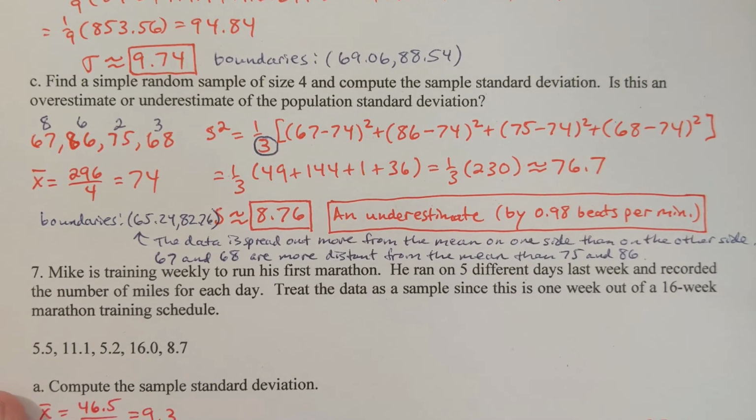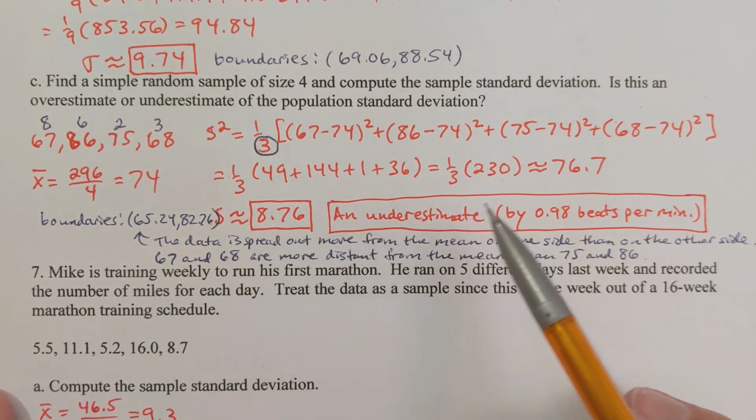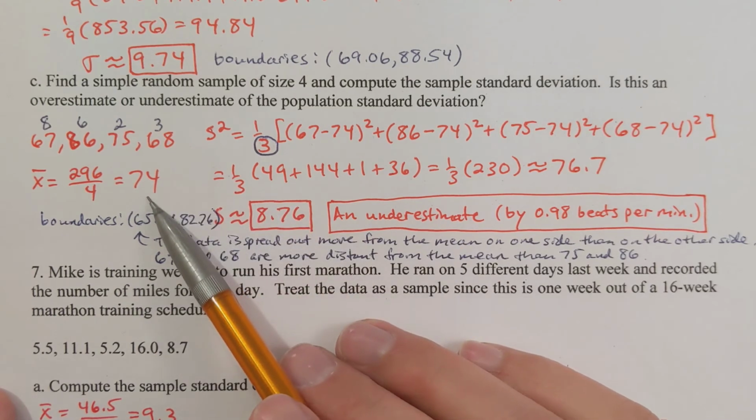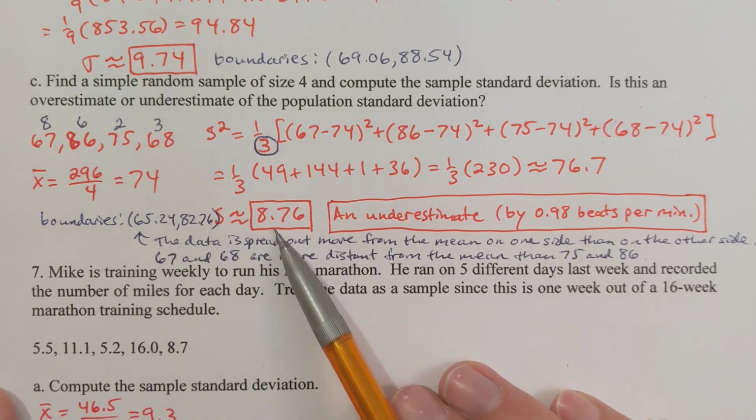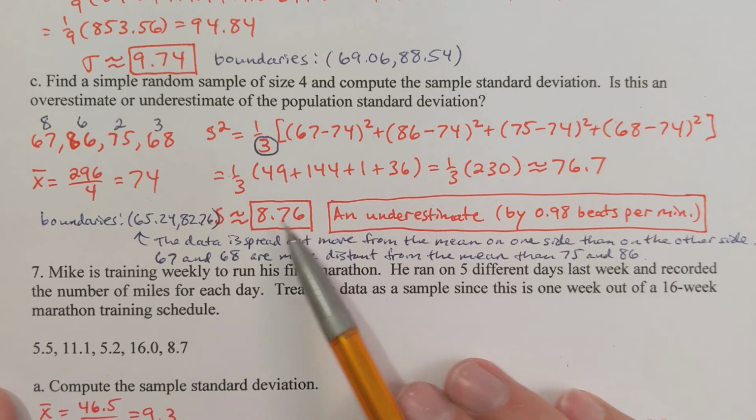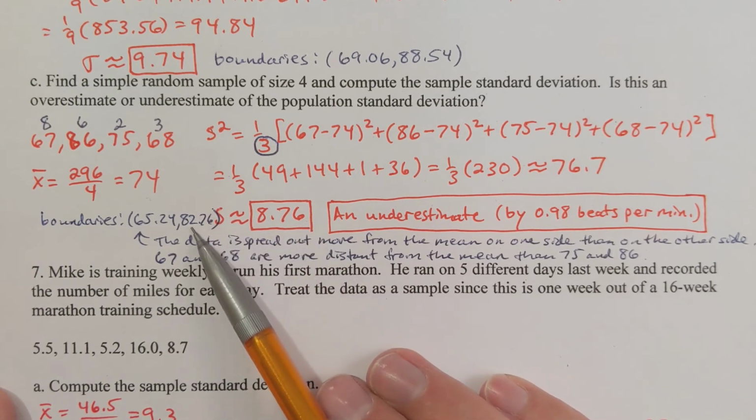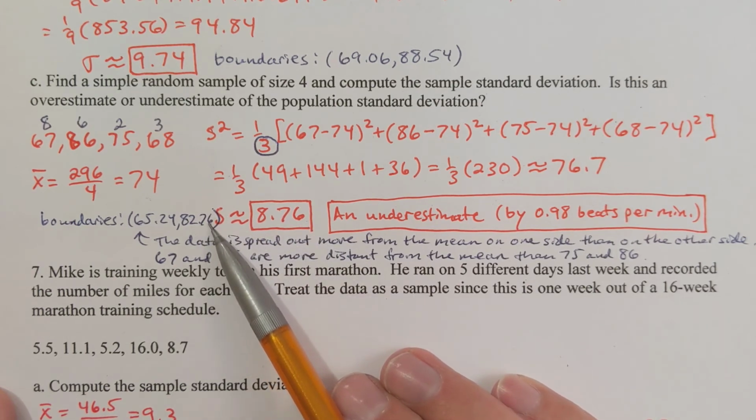By the way, it's a good idea to check how far off you were, if you're able to. Sometimes you're not able to. But that tells you how good the sample was. Now, if I sit at the mean, 74, and add 8.76, I get 82.76.